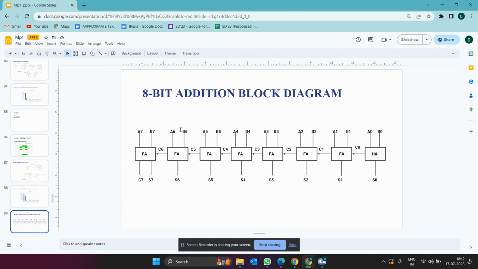Now after this we are going into the 8-bit addition block diagram, where this is the 0th bit, first bit, second bit, third bit, and so on. Here the carry goes into the full adder of the first bit, and the same carry goes to the next full adder.